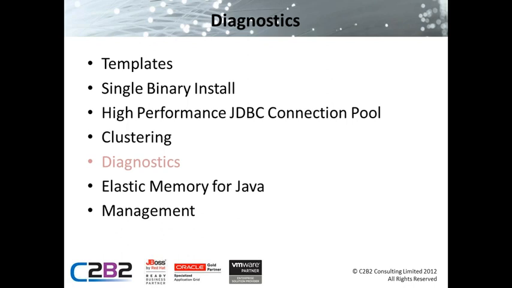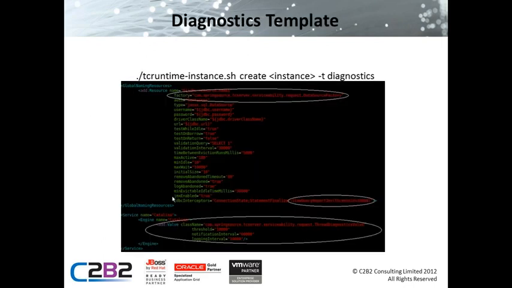So we're going to look at diagnostics. Imagine you're running a large pool of Tomcats. What is there within the tcServer remix of Tomcat that helps with diagnostics in production environments? There is a specific template within tcServer which provides you with some diagnostics, and this enables diagnostics by default.